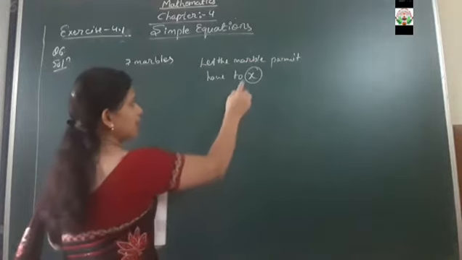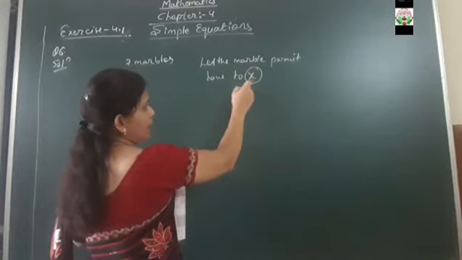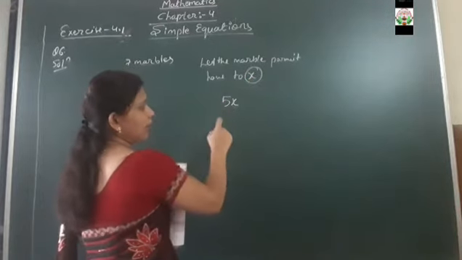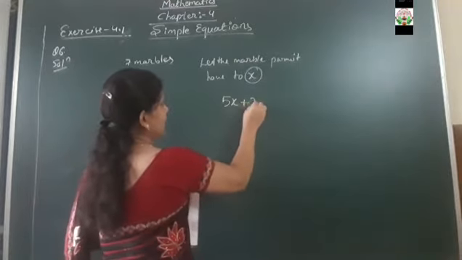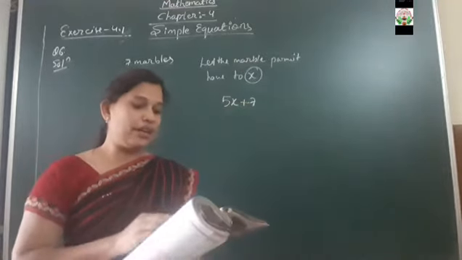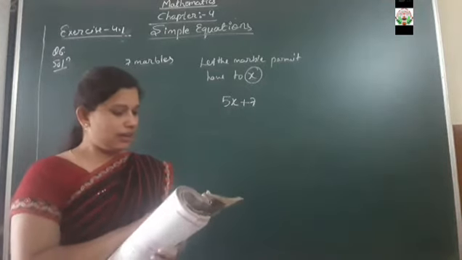So 5 times Parmeet's marbles will be 5x, and Irfan's extra marbles will be 7. So the equation will be 5x plus 7.